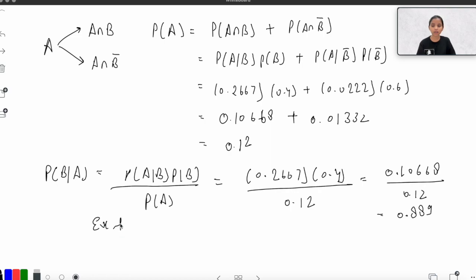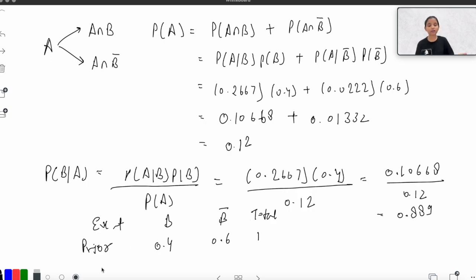Now look what we are having. We were actually having the events B and B bar, and the priors corresponding to these events are: the probability that a random news item is fake news was 0.4, and the probability that it is real news is 0.6. Okay, and the total is 1, right?